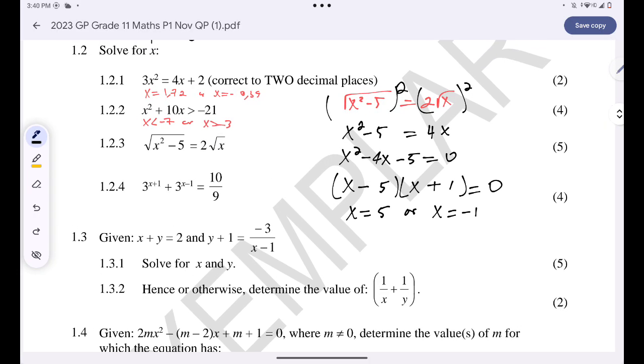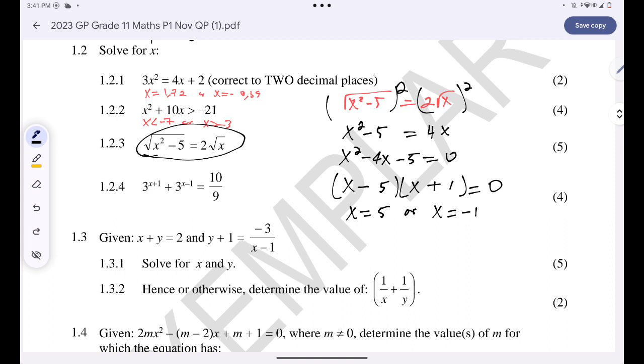For you to check that your answers are applicable or not, just substitute them into the original equation and check whether the left hand side is equal to the right hand side. If that's true, it simply means that your answer is applicable, and if that's not true, that means your answer is not applicable.